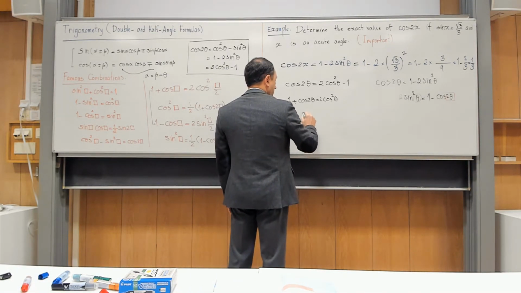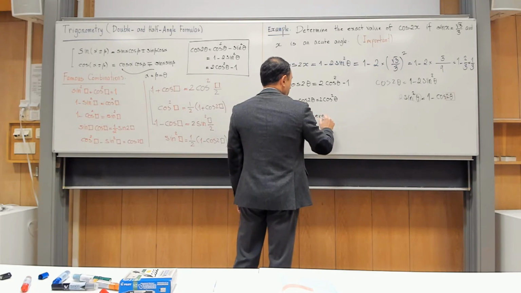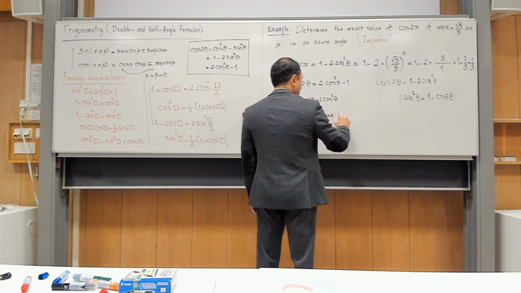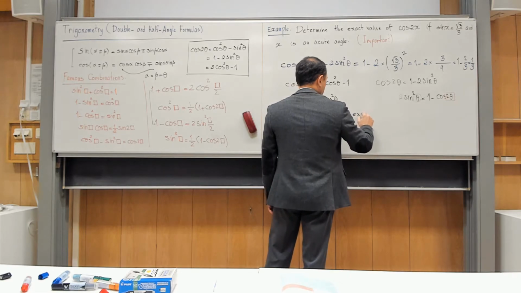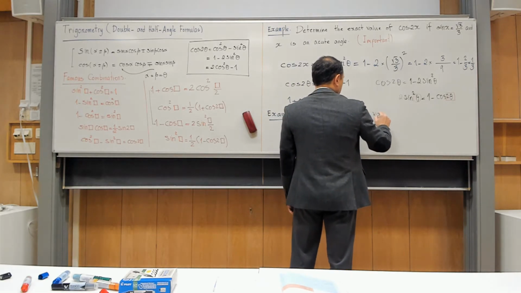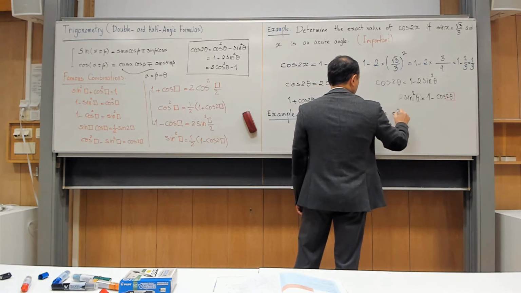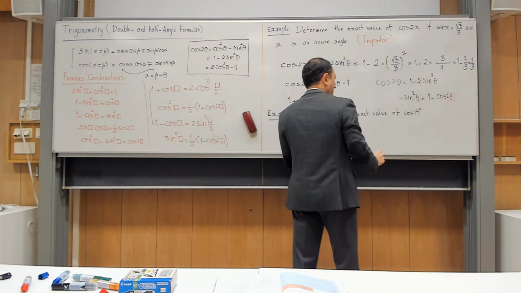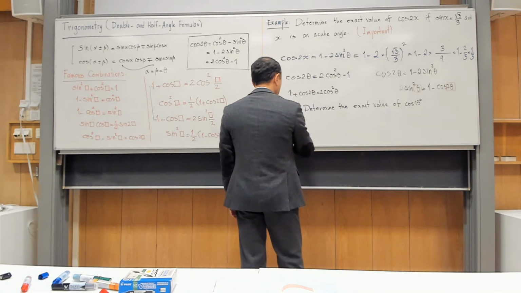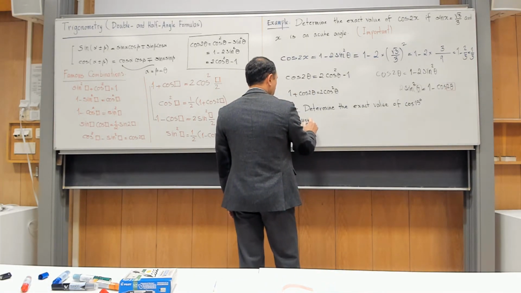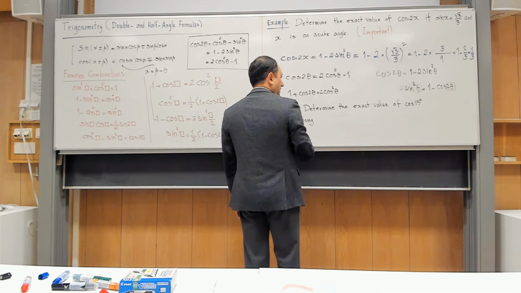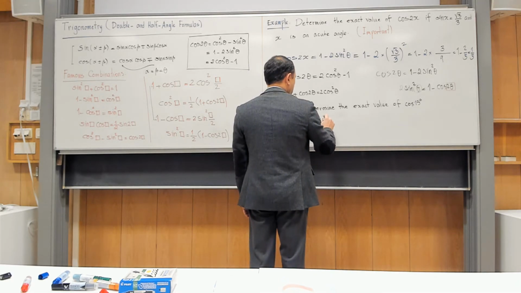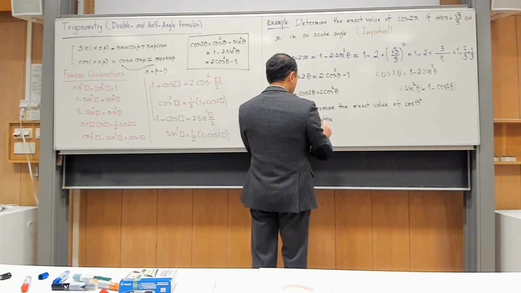So determine the exact value of cosine 15 degrees. Number one, using a subtraction formula.